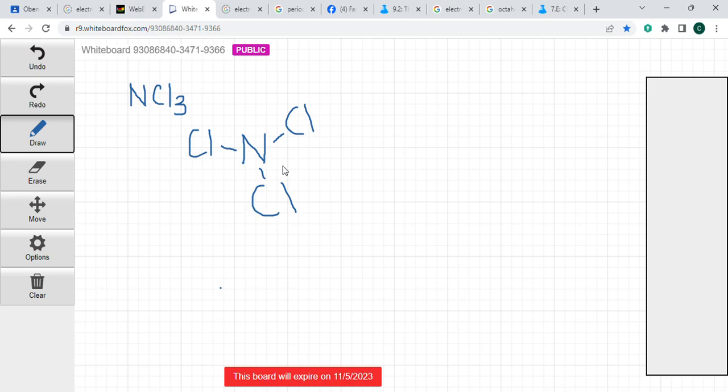Now the number of valence electrons of nitrogen is 5, so we need to add 2 more electrons here to make the total number of valence electrons of nitrogen 5. And for chlorine, the number of valence electrons is 7, so we need to put 6 here.